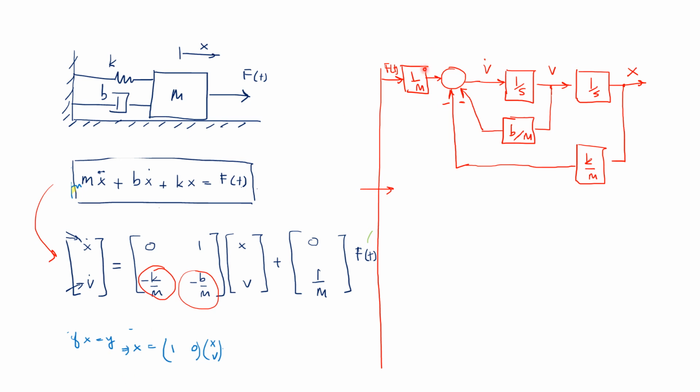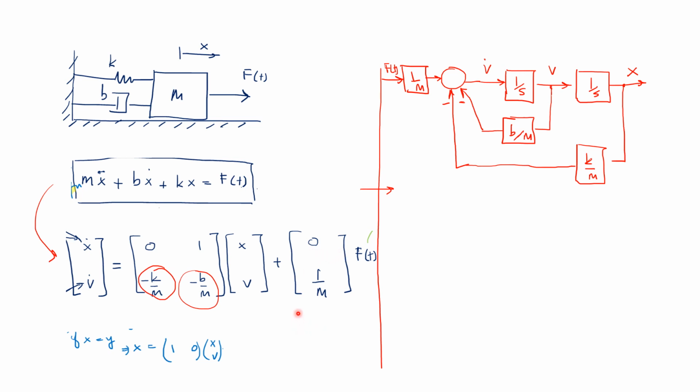Let me use a pointer. 1 over m times f of t on the summing junction, minus k over m into x coming in from this side, and minus b over m times v coming in from this side, to produce v dot. And that's the exact expression written down in the second row of this representation.